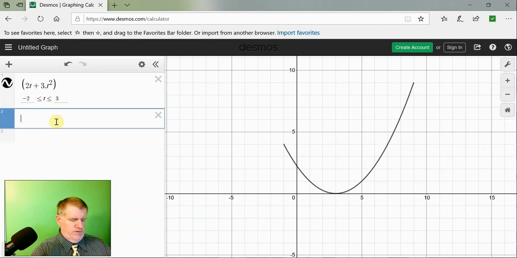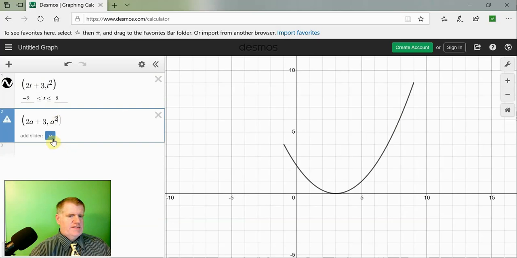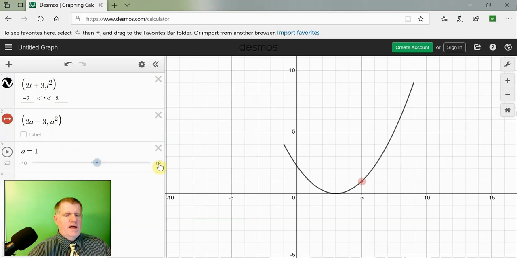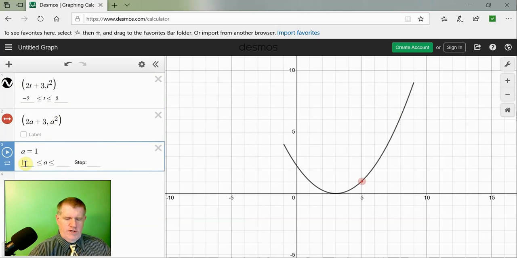Now, what I want to do is kind of an interesting thing. I'm going to do the same exact graph. I'm going to use the value of a at this time. Oops, let me fix that. Plus 3. Instead of the t, because I'm going to make the a a slider. Now, I make it a slider. I click on one of these numbers down here, and I tell it what I want to start with. So I want to start with -2, and I want to go to 3, our same parameters.